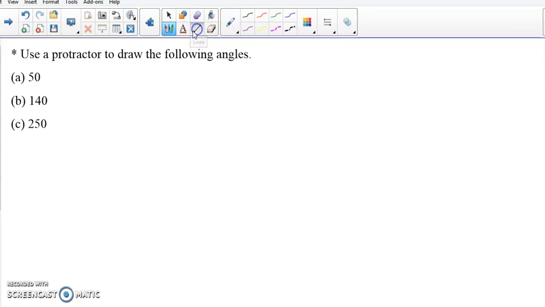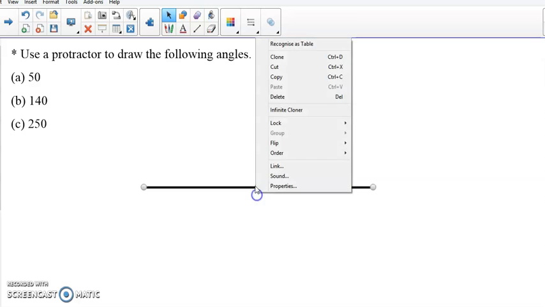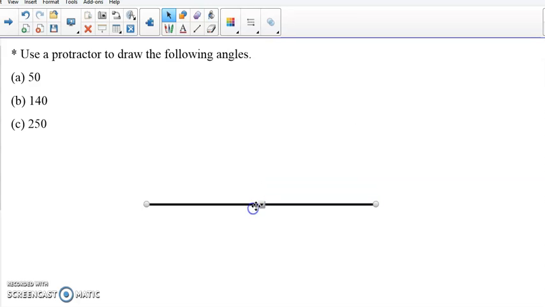If I want to draw this angle, 50 degrees, the first thing I do is draw a horizontal line. After drawing a horizontal line, what I have to do is make a center at any point on that horizontal line.